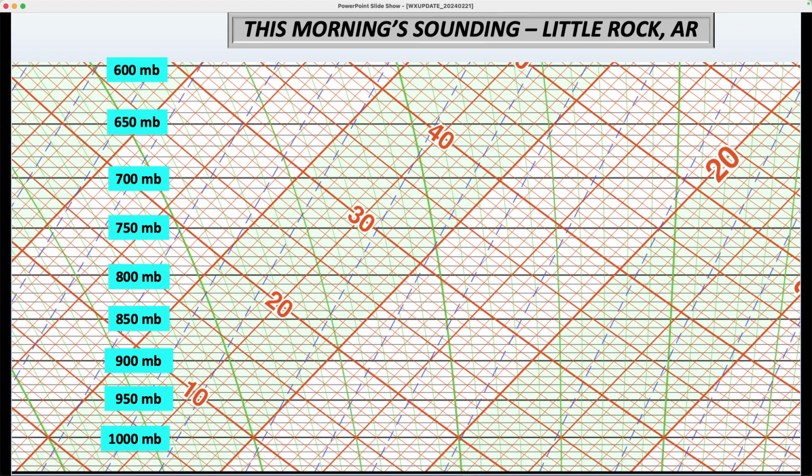If you were to look at an entire skew-T chart, it would go all the way up to about 100 millibars, but there was no need to do that in this case because that part of the atmosphere is irrelevant for what we're talking about. Then you have lines of equal temperature, or isotherms, and they are skewed, hence the name skew-T chart. So 0 degrees Celsius, which of course is 32 Fahrenheit, is this line here. Then it goes up 5, another 5, another 5, another 5, up to 20 degrees Celsius.